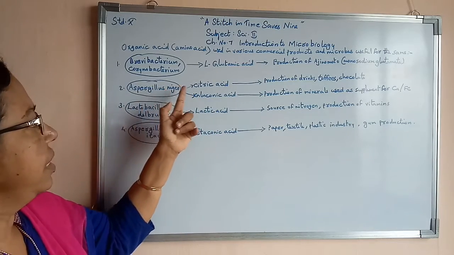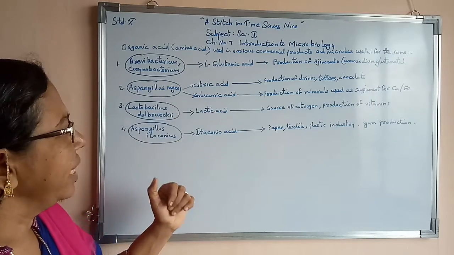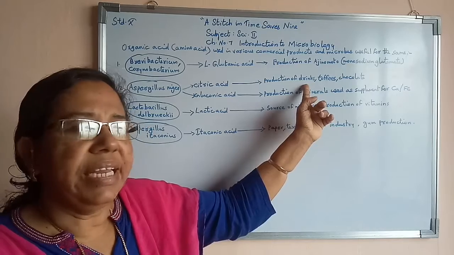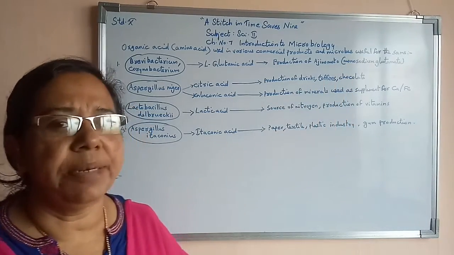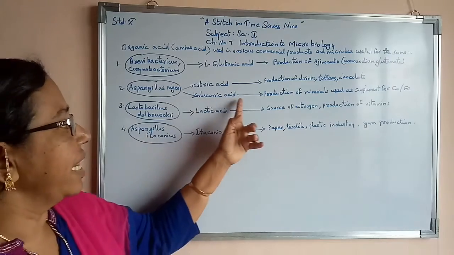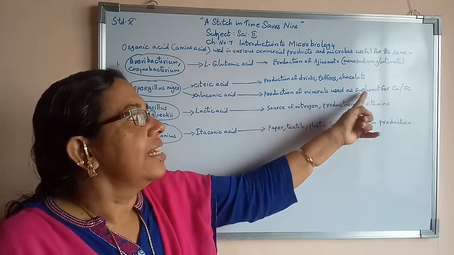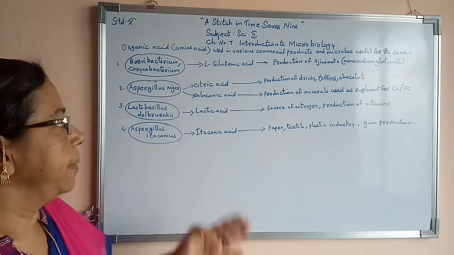Aspergillus niger is utilized for the production of citric acid as well as gluconic acid. Citric acid is utilized for the production of various drinks, then toffees as well as chocolate making. Gluconic acid is used for the production of minerals, like calcium as well as iron.